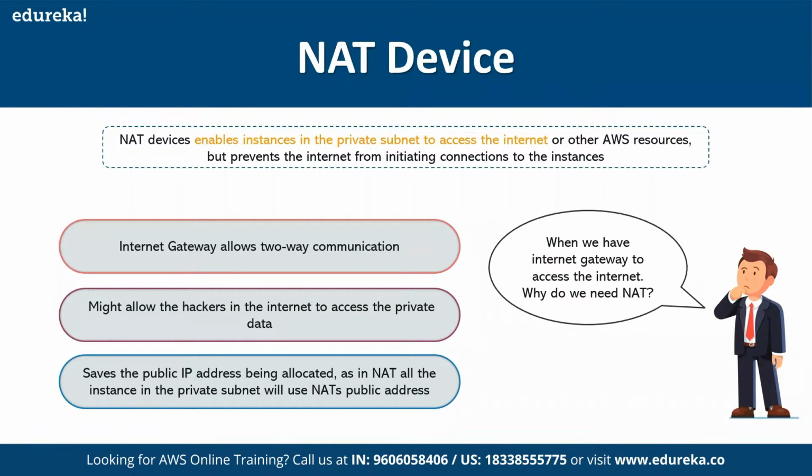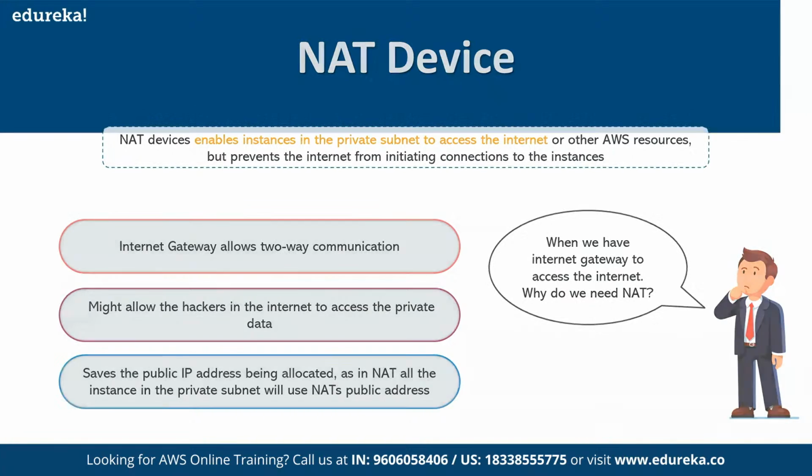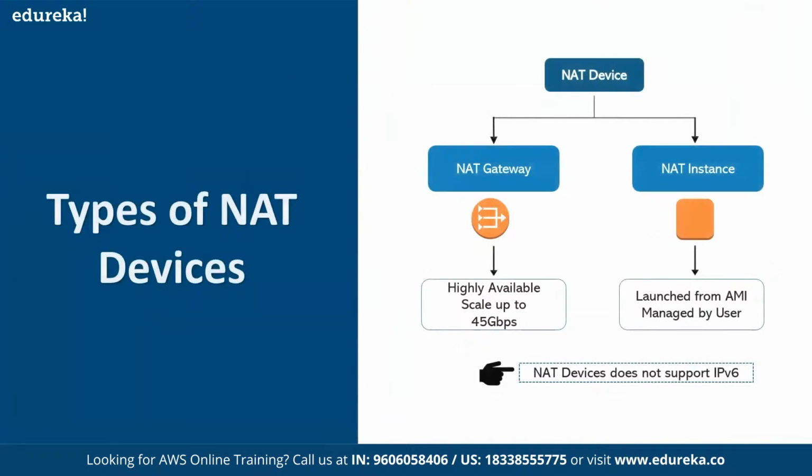So in such scenarios, where I want only outbound traffic going from my subnet to the internet and not internet to subnet, I have something called NAT gateways. NAT devices are of 2 types, NAT gateway and NAT instance. With a NAT gateway, the functionality is the same. The only difference is that a NAT gateway is managed by AWS, and is highly available, high performant, and costs less.